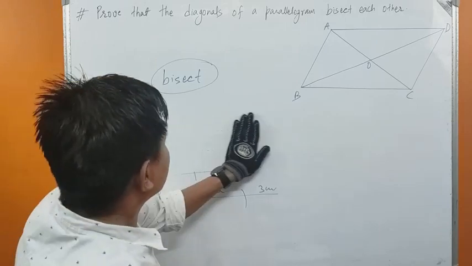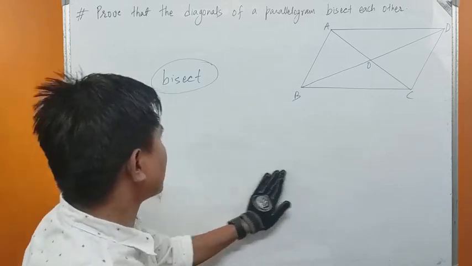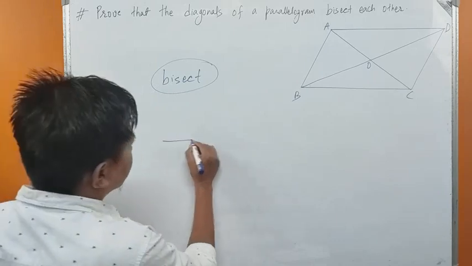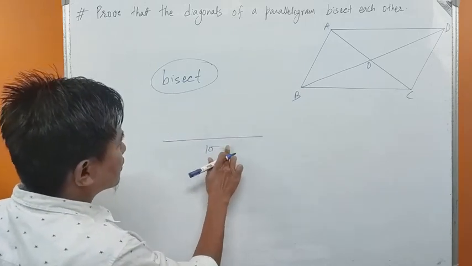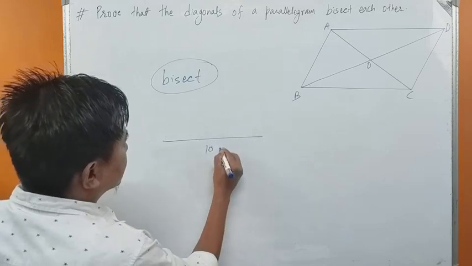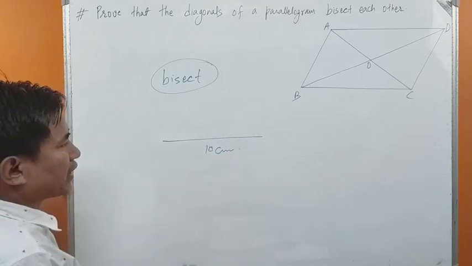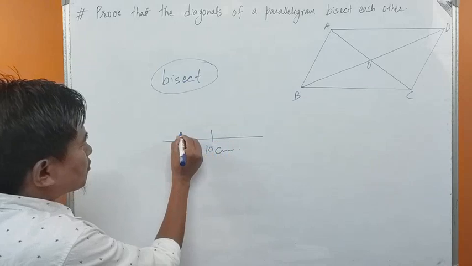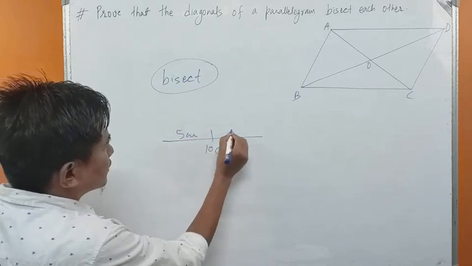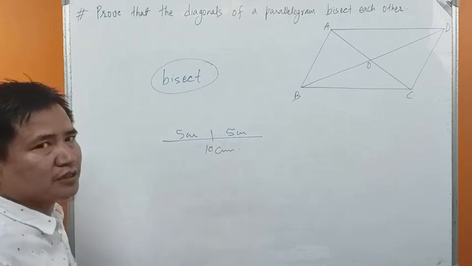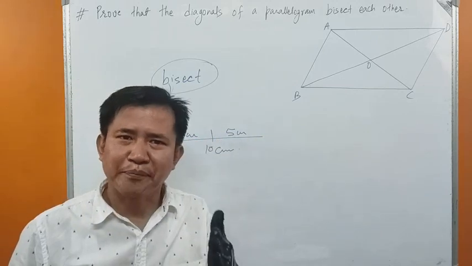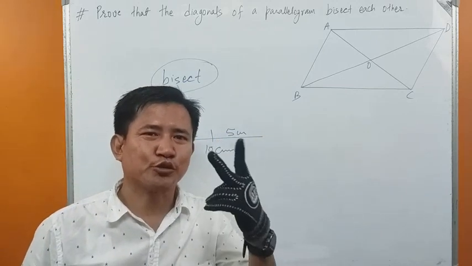But if I say bisect this line segment, this 10 centimeter long straight line, when bisected, each part must be equal to 5 centimeter. This part 5 centimeter, this part 5 centimeter. The word bisect means to divide into two equal parts.